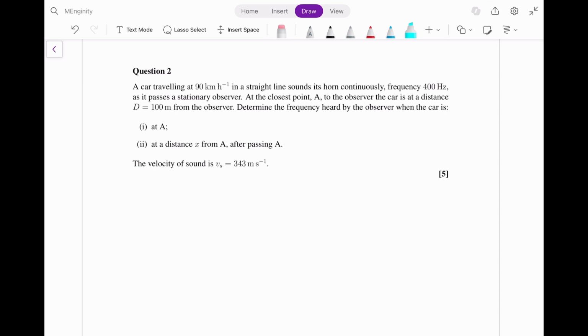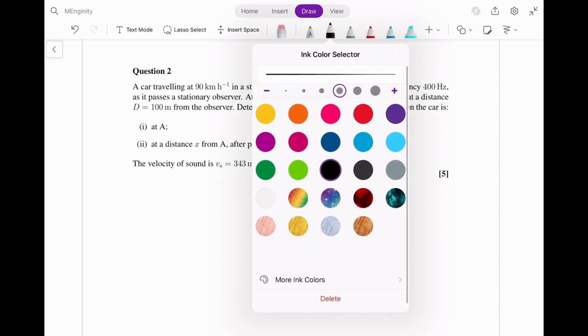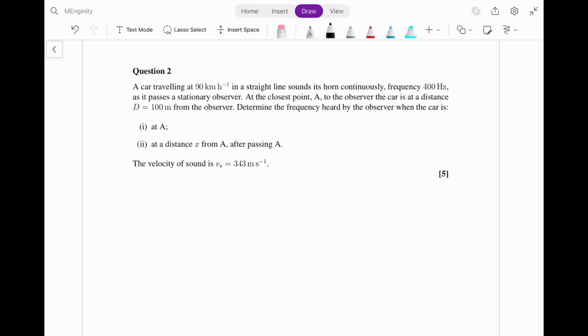Okay, so let's first look at the first part. It says at A. So essentially in this case, A is the closest point, which should be perpendicular to the motion of the car. Therefore the frequency observed should be the initial frequency.